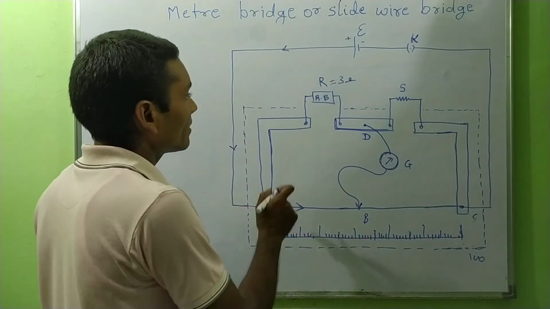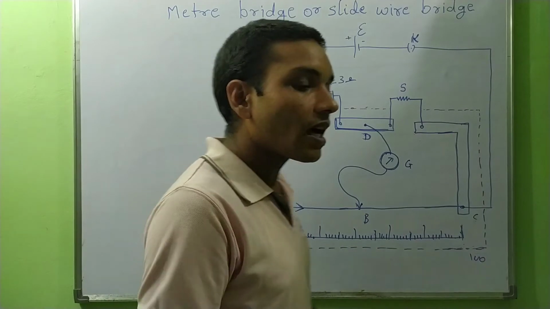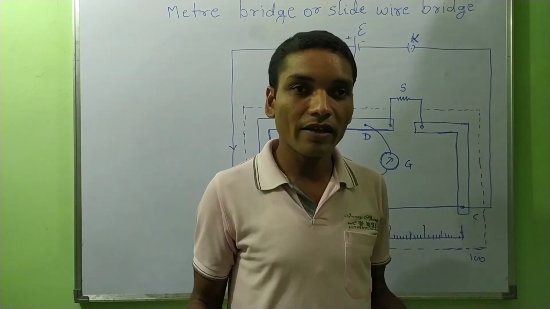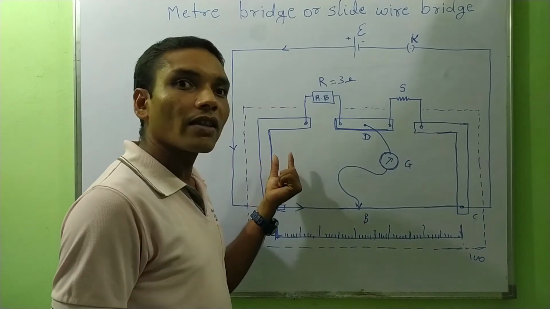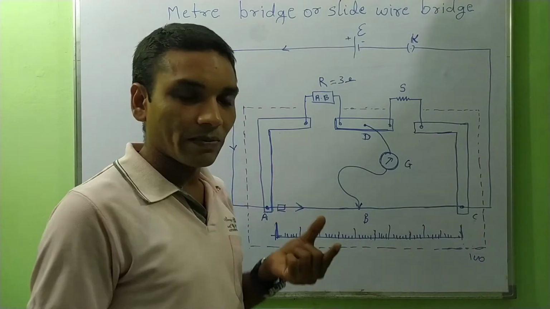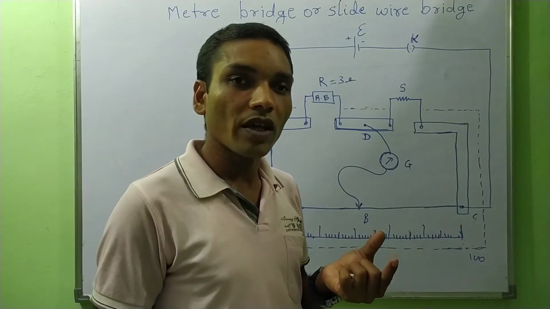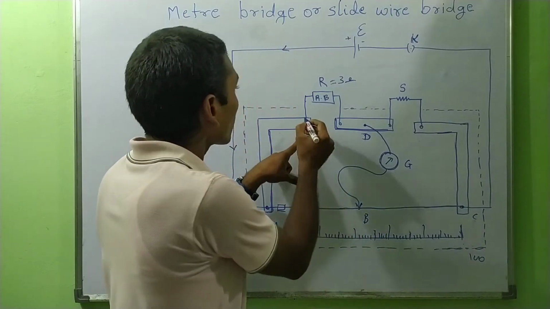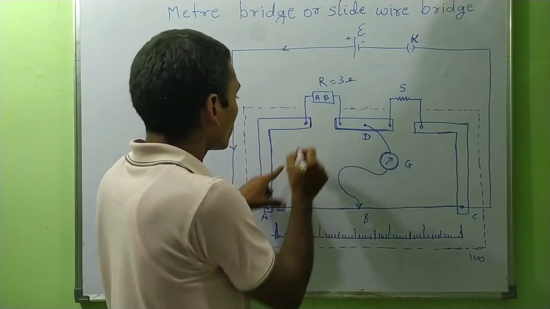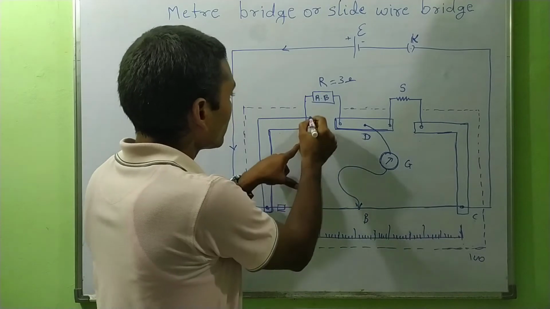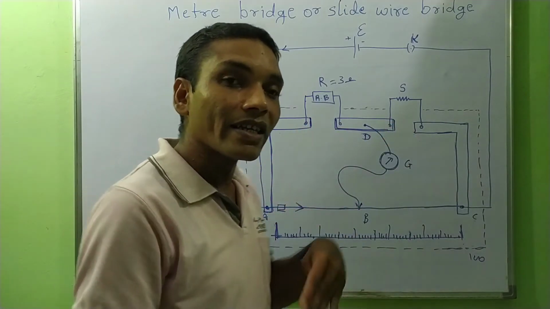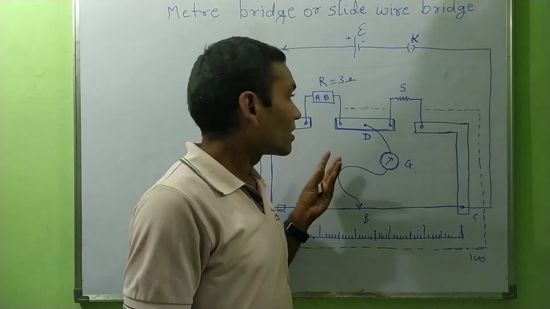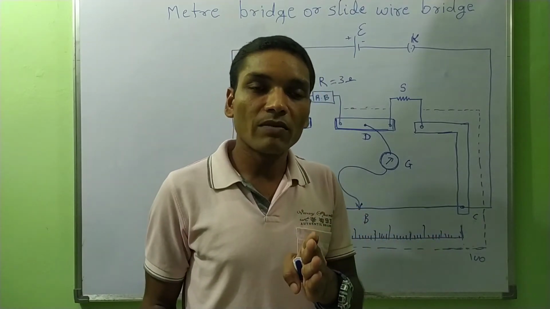Okay, and these strips are taken thicker. Why? Because some resistance is there in these strips. Due to the resistance at the ending of the strips, this end point, this end point, some resistance will be there at the ending of the strips.